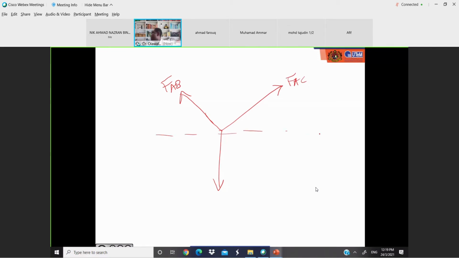Then this angle is 30 and the other is 45. So this weight equals, what is the formula for weight?